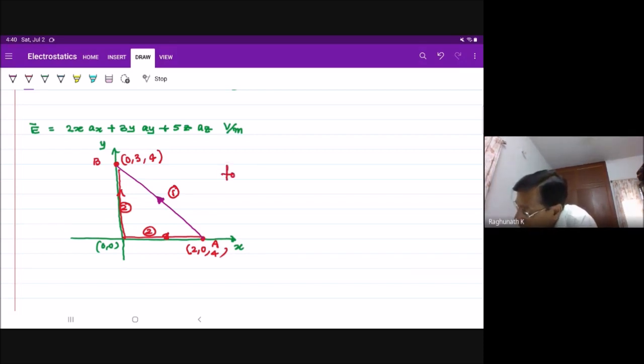For path 1, what is dL bar? Because it is some line in the XY plane, dL bar is dx ax plus dy ay, because we are there on the xy plane.